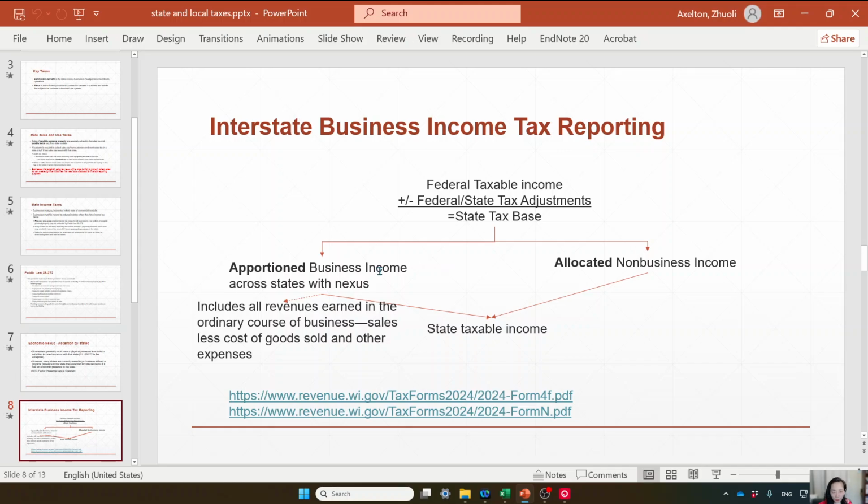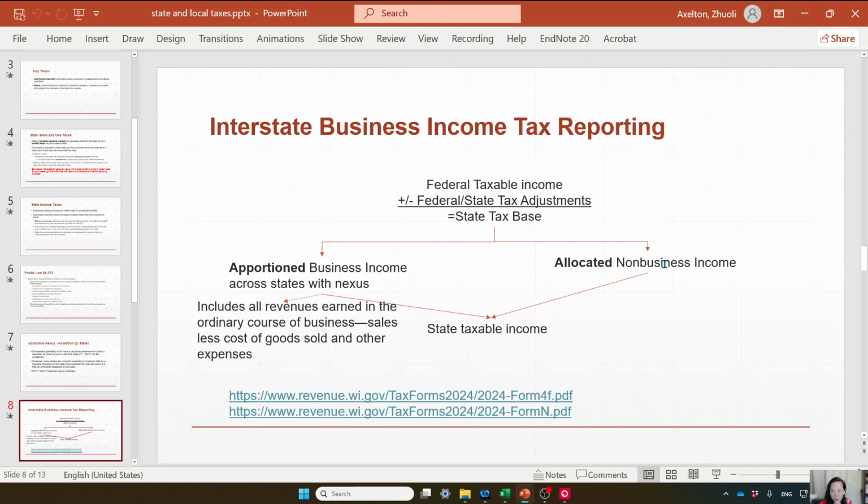One is the portion of business income across the states with nexus. They will apportion this business income across all the states where the business has a nexus. This includes all revenue earned in the ordinary course of a business, which generally will be the sales less cost of goods sold and any other expenses.